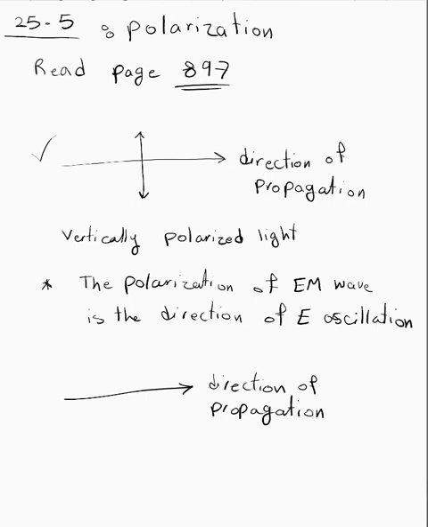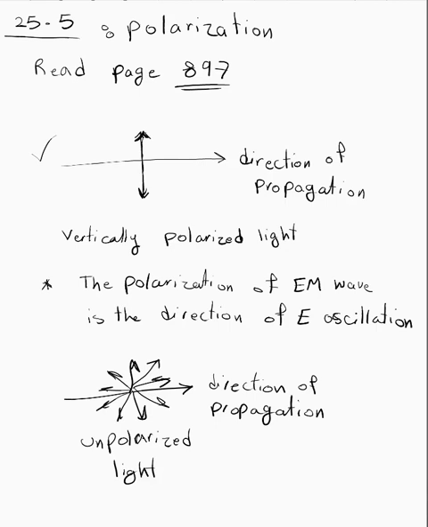I can just show it by this: this is the electric field oscillating in every direction, so this is an unpolarized light. But if you want to show a polarization, you use a double-headed arrow. So this is the direction of the oscillation for the electric field.